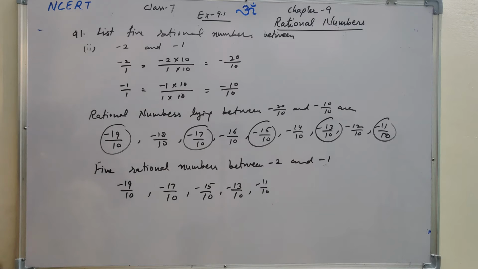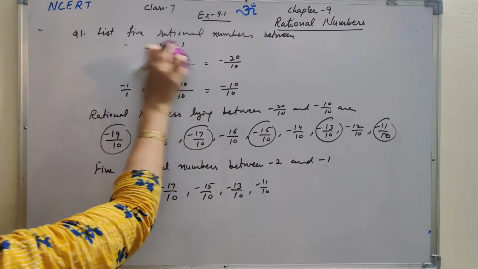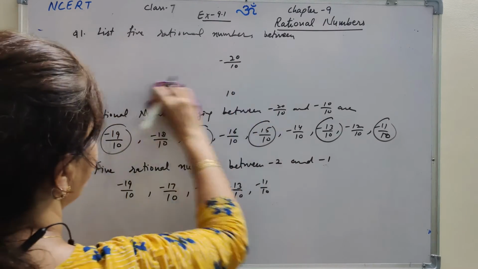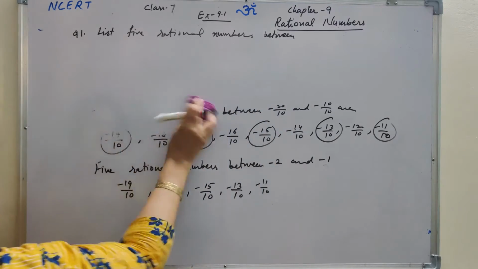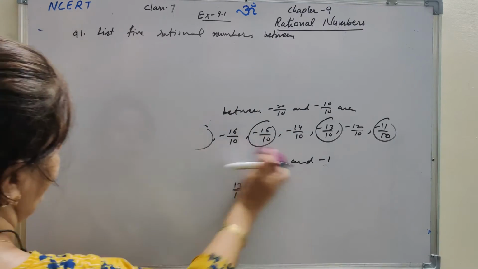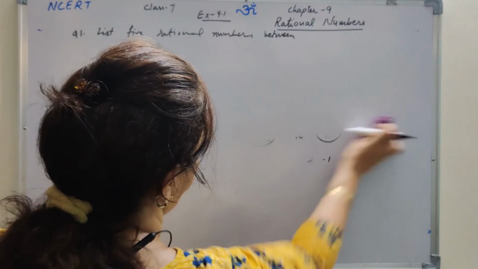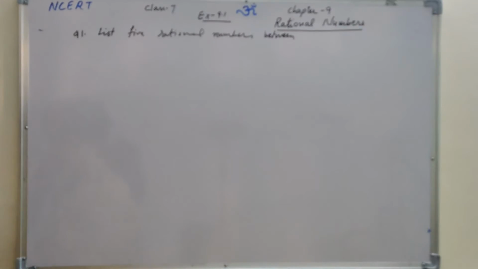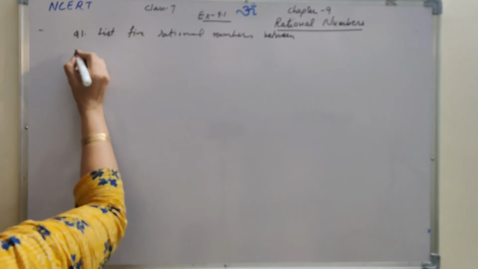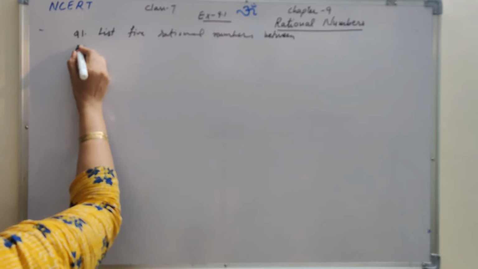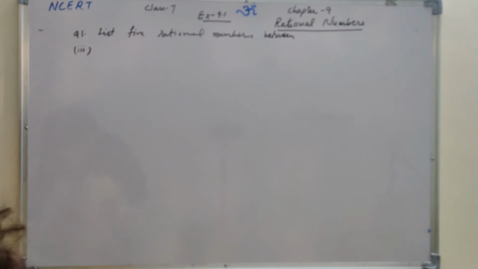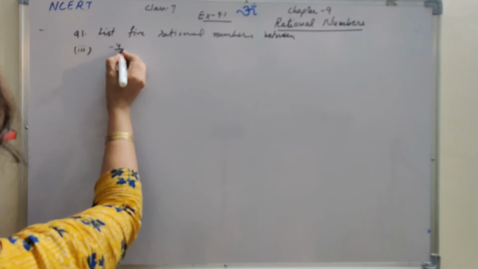Okay, now I am taking another part which is the 5 rational numbers between minus 4 by 5 and minus 2 by 3, which is third part. Minus 4 by 5 and minus 2 by 3. As you can see here, the denominators are different. That means first of all we have to make the denominators same by taking their LCM.